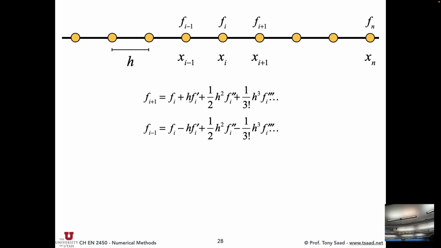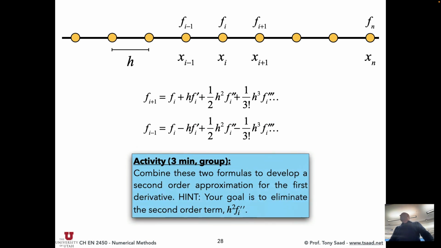All right, here's an example of how we can do that. If we take f(i plus 1), this is the Taylor series, and f(i minus 1), this is the Taylor series. Note the negative sign here, minus h, minus h cubed here. Then I have an activity here. Combine these two formulas to develop a second order approximation for the first derivative. Your goal is to eliminate the second order term, h squared f double prime.